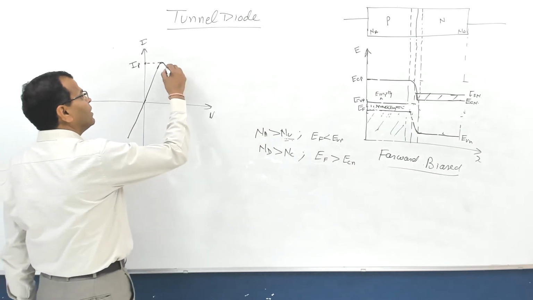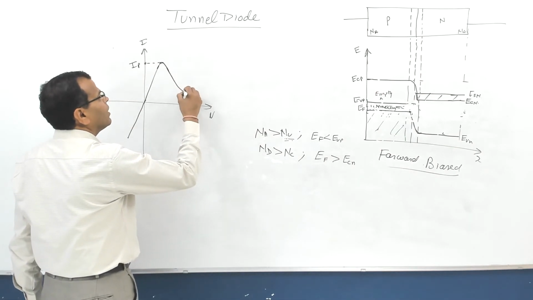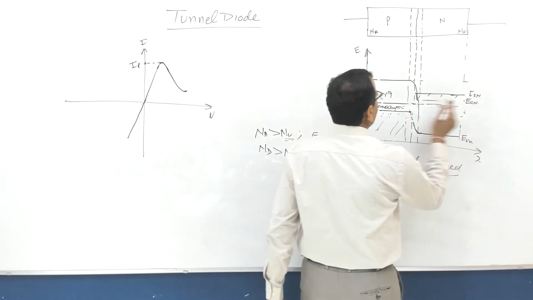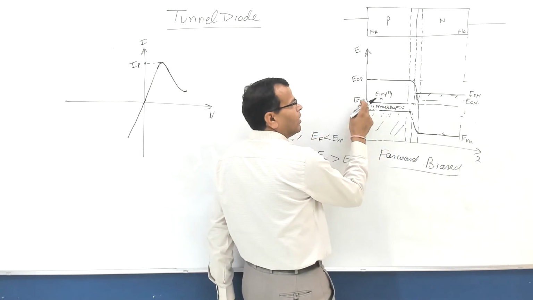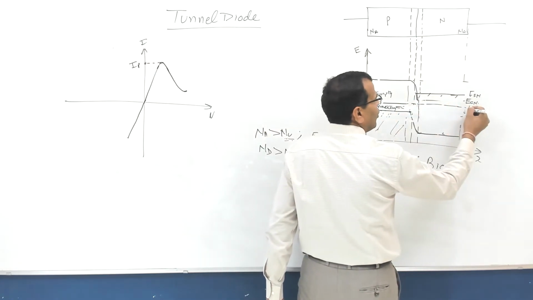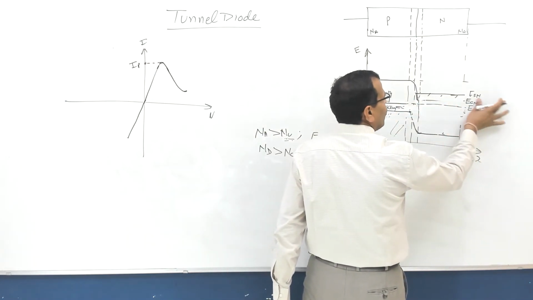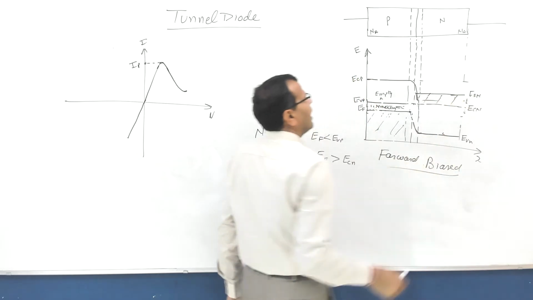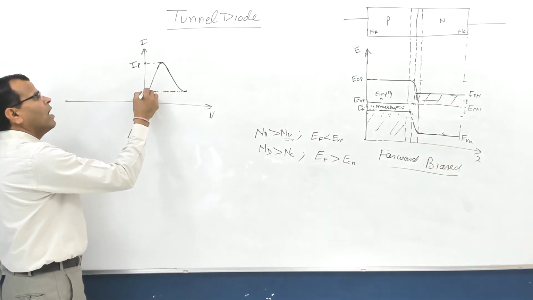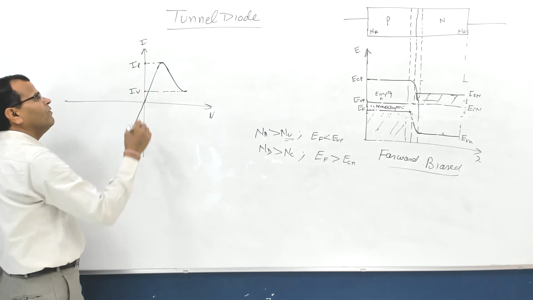That will be the state when current is at minimum level. That is the condition when the highest level of the valence band corresponds to the lowest level of the conduction band. There is no overlapping at all, and then current becomes minimum, and that is known as IV.